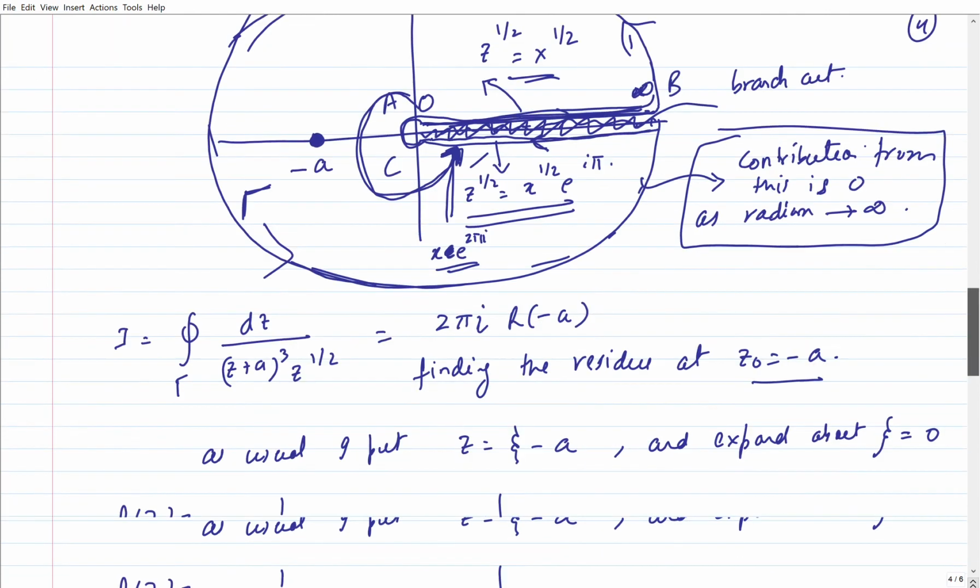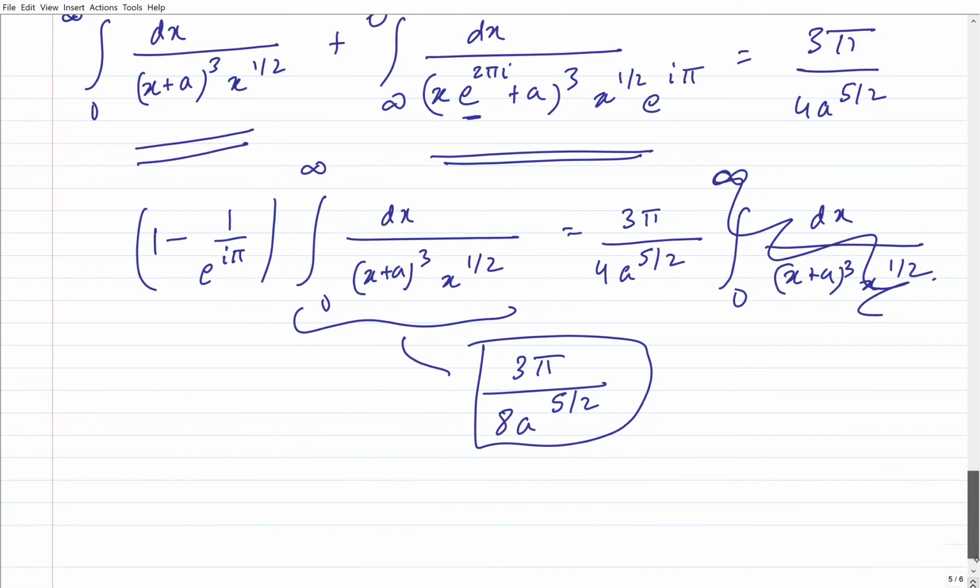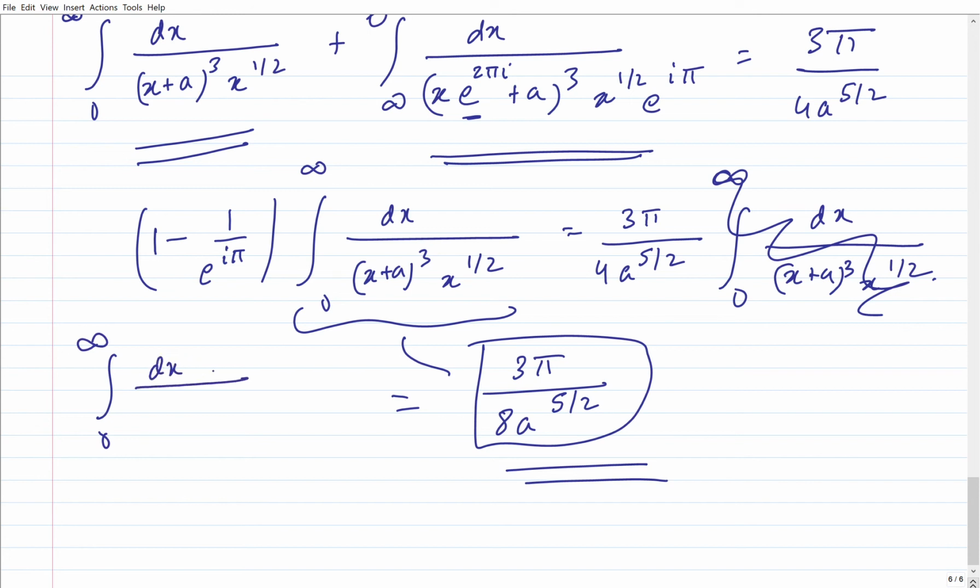So by the judicious choice of the branch cut, I am able to evaluate this integral to be this. What did I set it to? This guy.